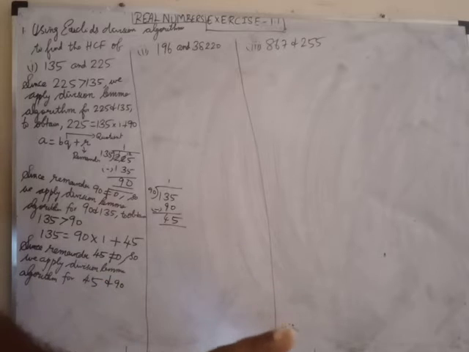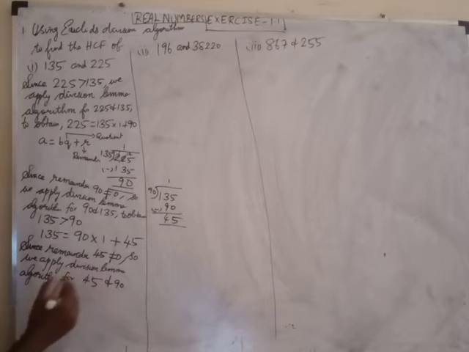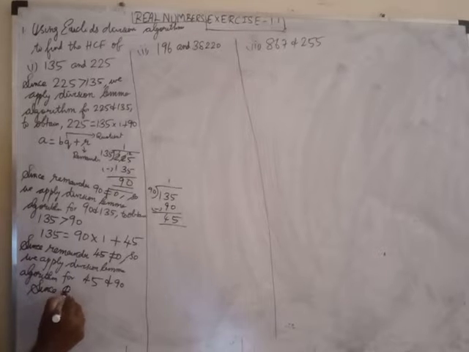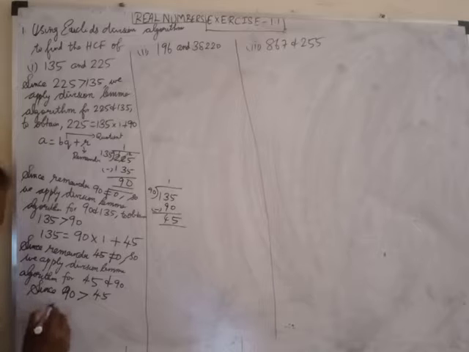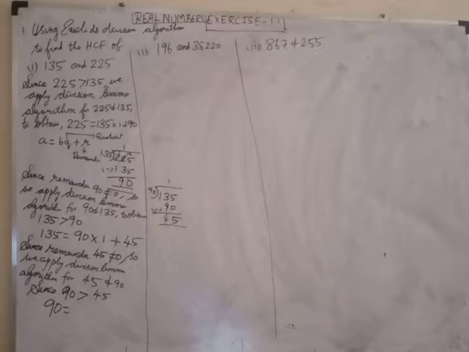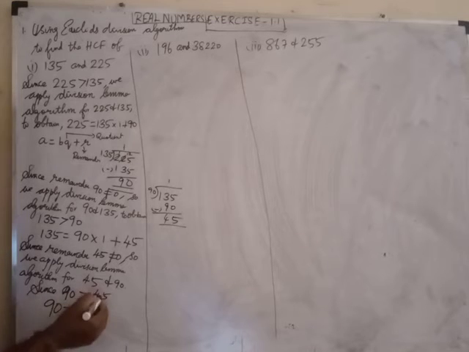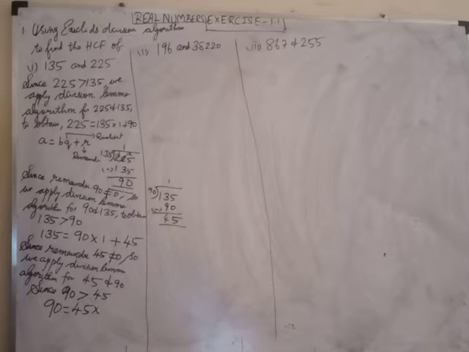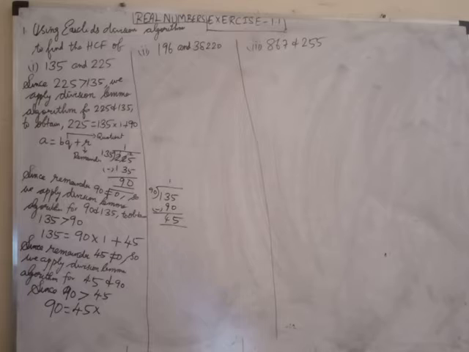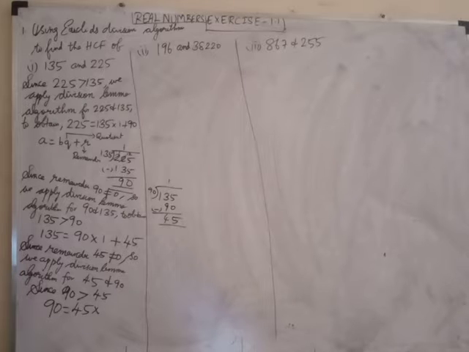Any doubt? Since 90 is greater than 45, 90 equals what? This 45 we need to write, 45 into how much will it come?